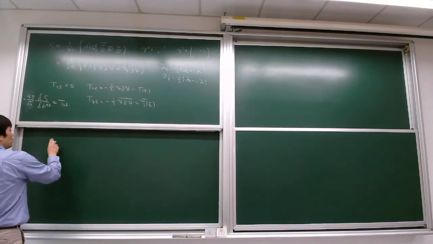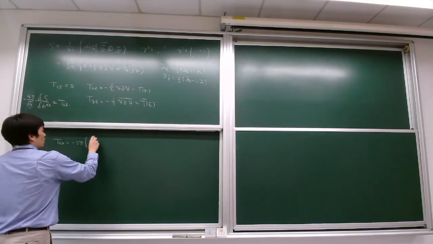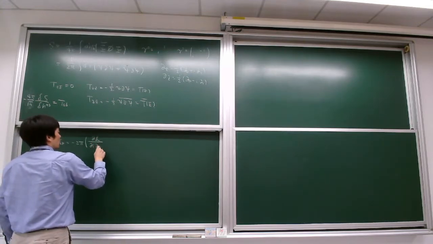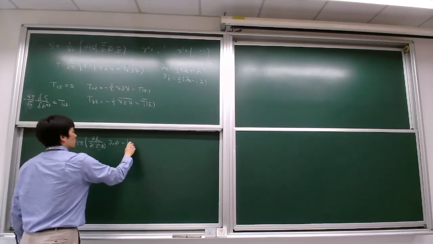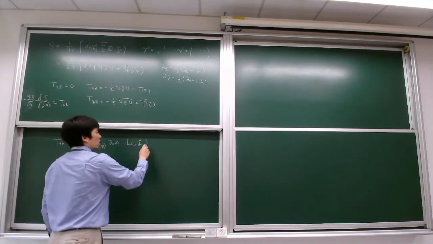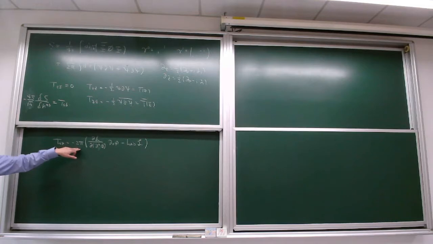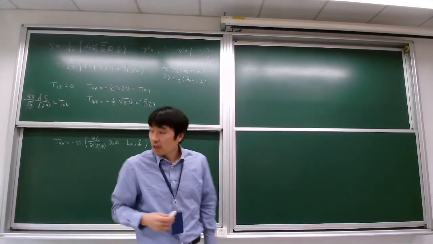Another way to derive it is T_ab equals minus 2 pi times the Lagrangian, if you use the flat case, maybe d_a phi d_b phi minus h_ab. This one is already written in the lecture note, minus 2 pi, but people didn't use the proper normalization. I don't know why. And you get this one.